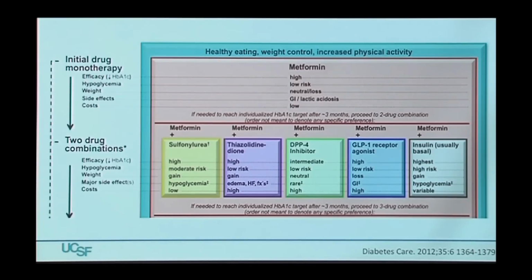So moving on. After we've been on one medication, generally metformin, we would move on to then adding a second drug. And so the key here would be to add a drug that has a different mechanism of action. So I might add a sulfonylurea. I might add a TZD, a DPP-4 inhibitor, a GLP-1 receptor agonist, and maybe I even add insulin.